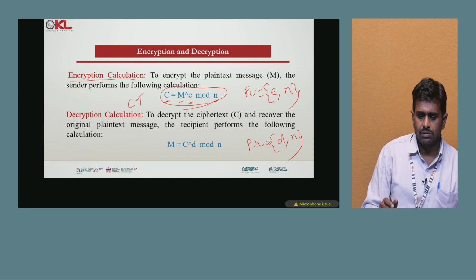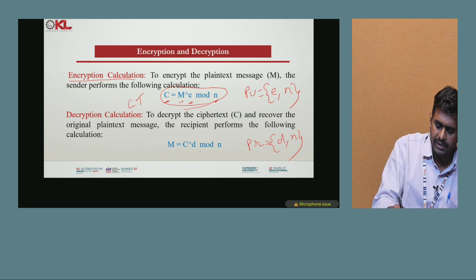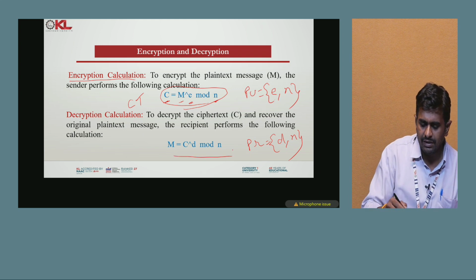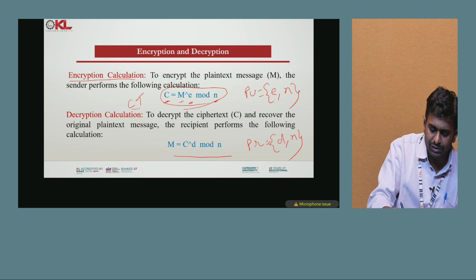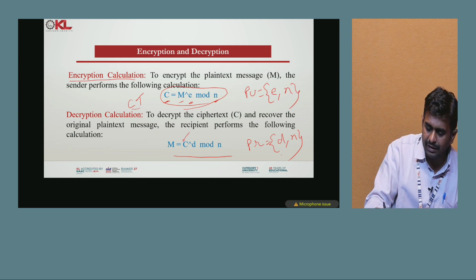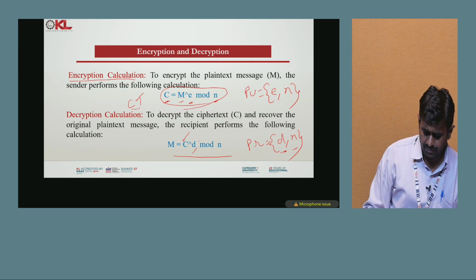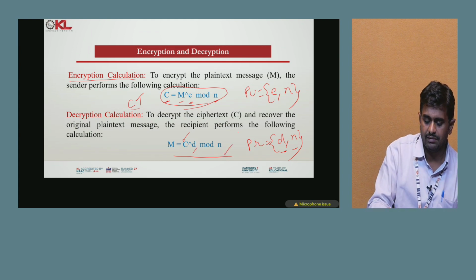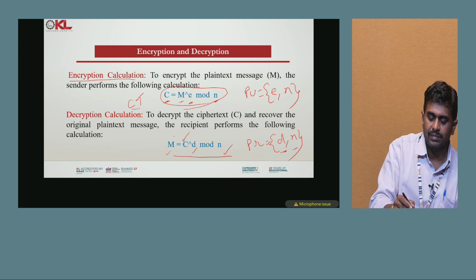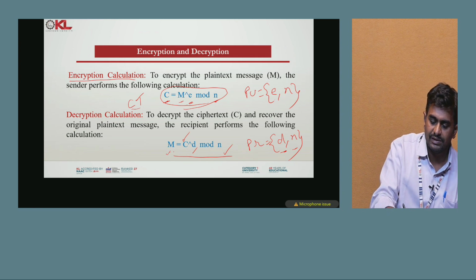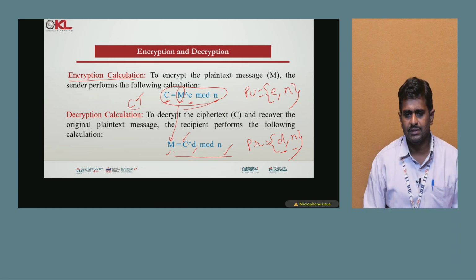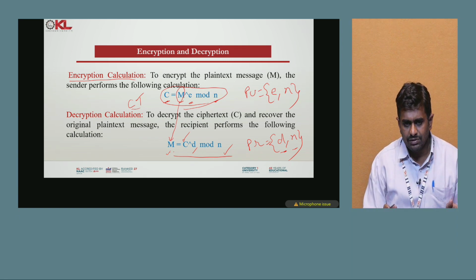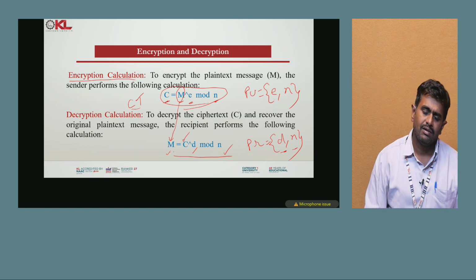On the recipient side we take the ciphertext and the private key, that is d and n, and compute C power d mod n. You get the original message M. If you get different values, you got the wrong answer.